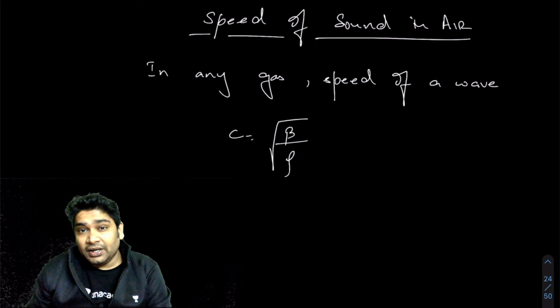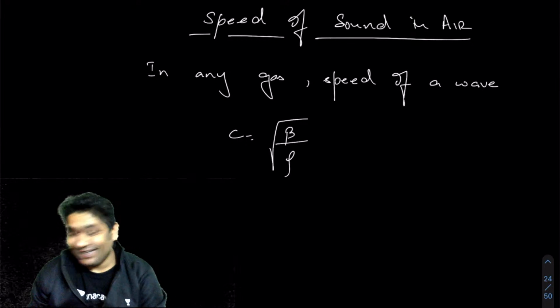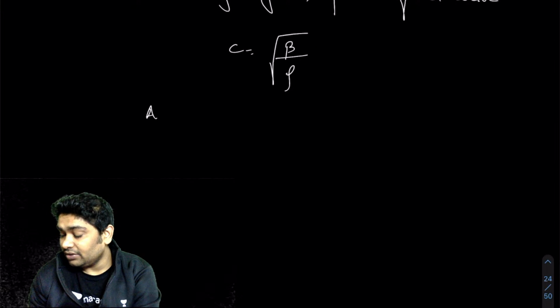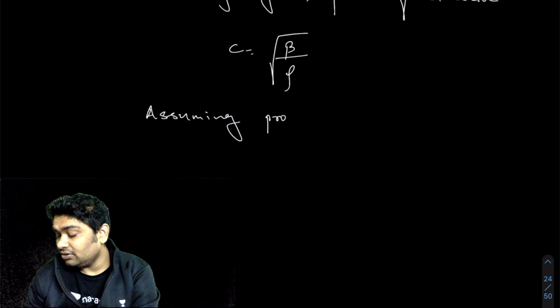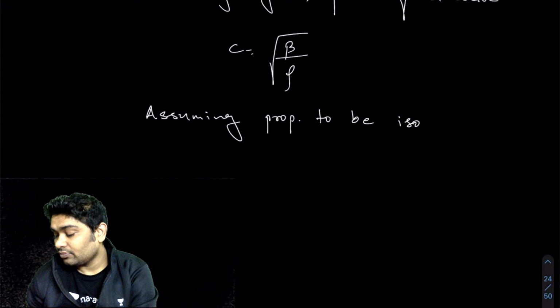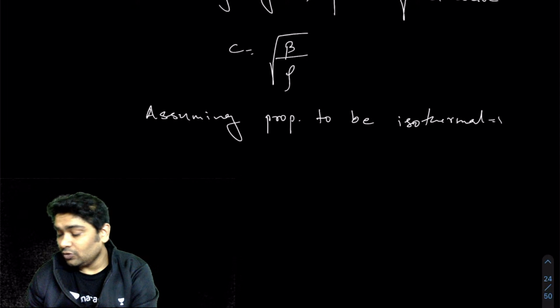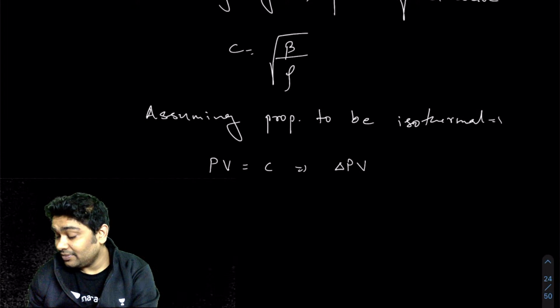Now, assuming the propagation to be isothermal, which I think Newton did, PV would be equal to a constant. So delta P times V plus P delta V equals 0.